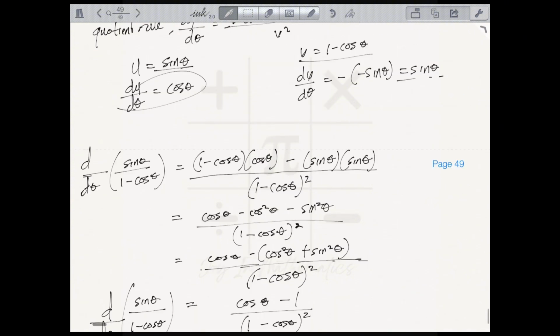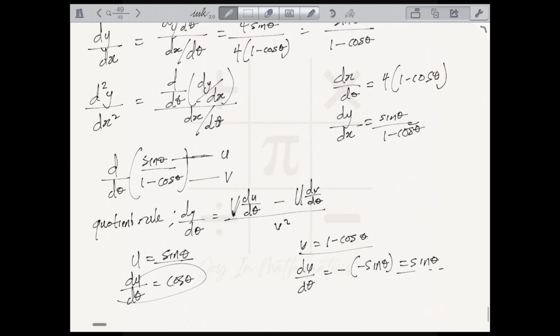Now let's go back to us evaluating d²y/dx².